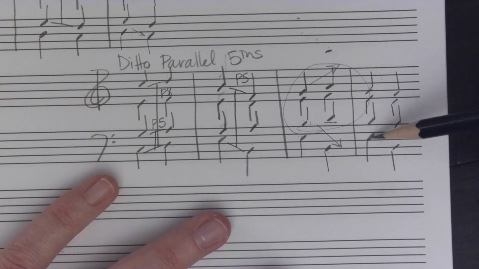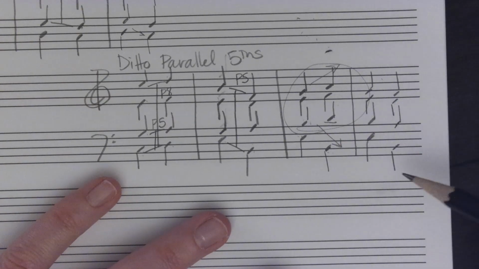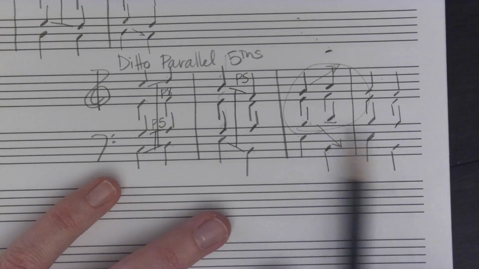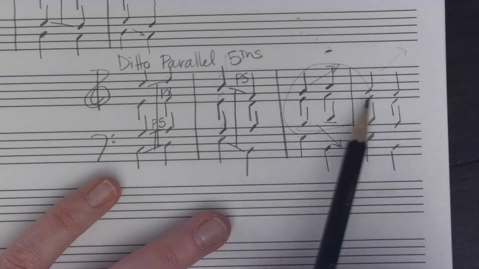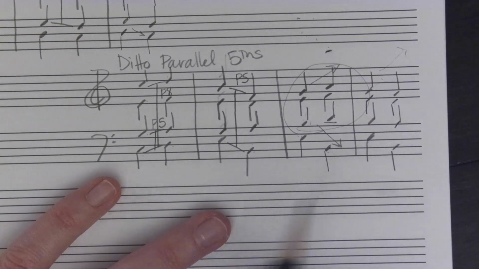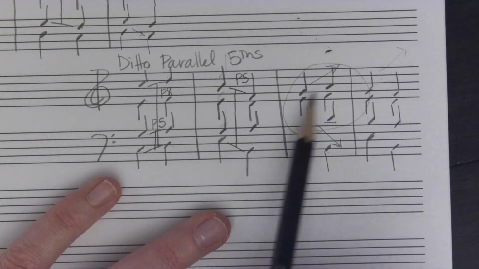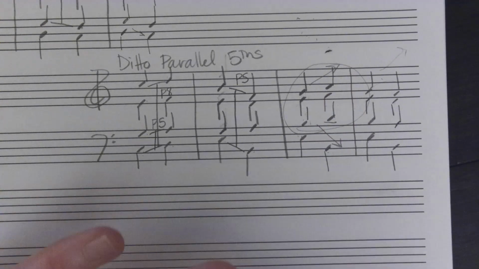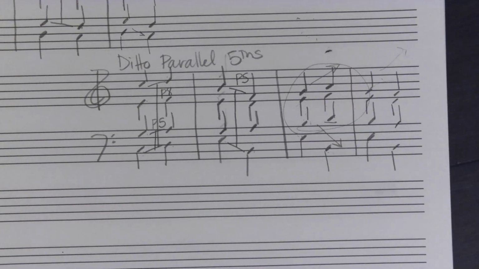Either one of these works, but this is always the place I would want to start because I want to start contrary. Even though this is close, nice and tight and tidy, I want to try to go close but contrary if I can.